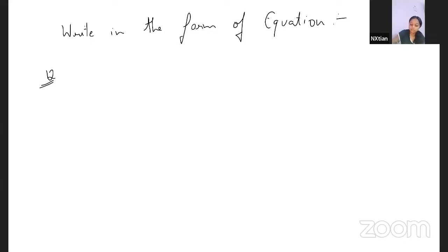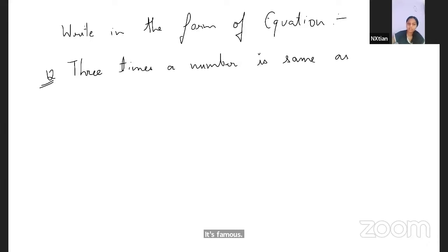Three times the number is the same as adding 2 to the number.